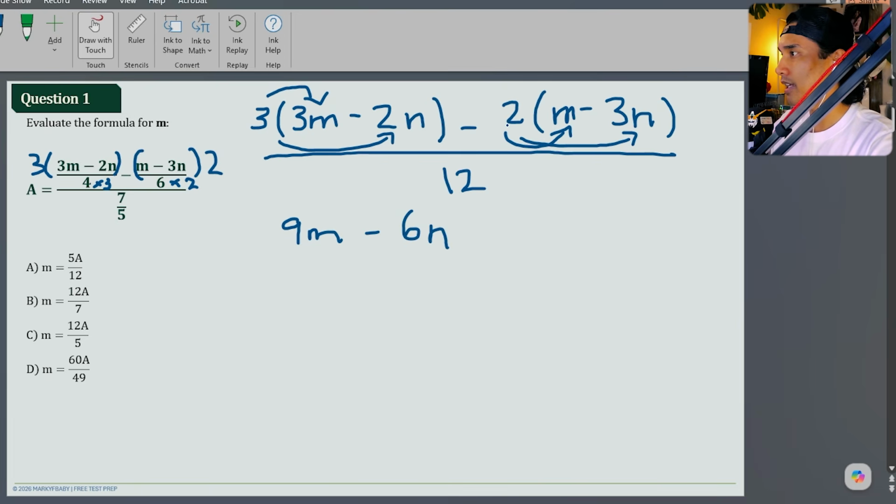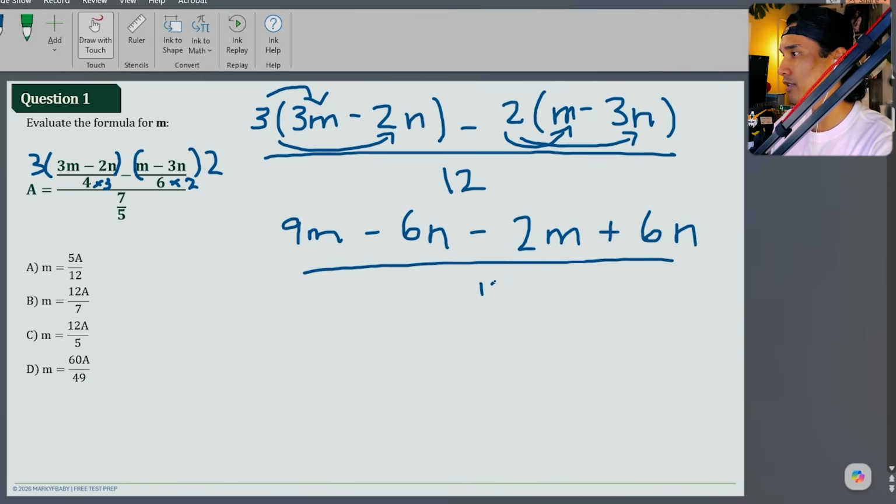And then what is negative 2 times m? That is negative 2m. What is negative 2 times negative 3n? What happens when you multiply two negatives? That equals a positive. Okay, perfect. Everything is over 12.